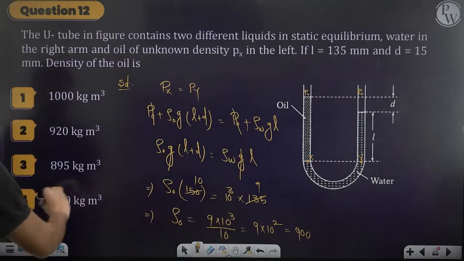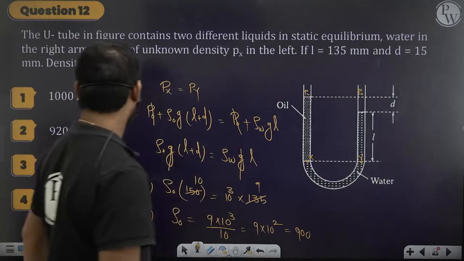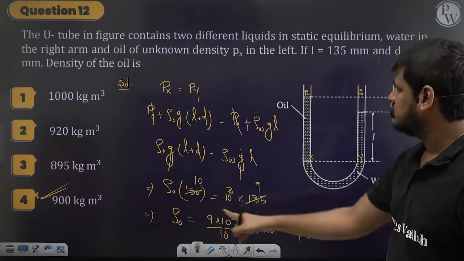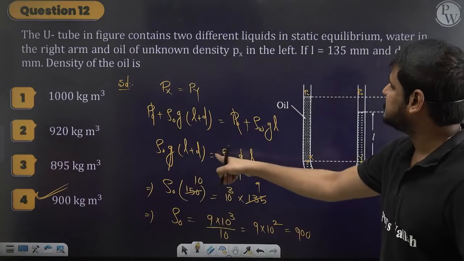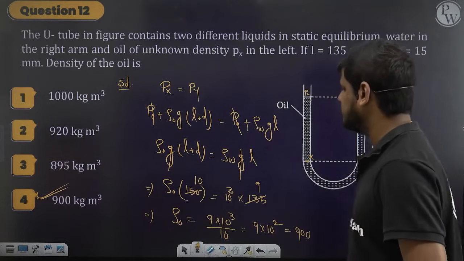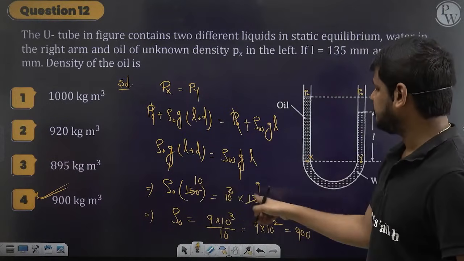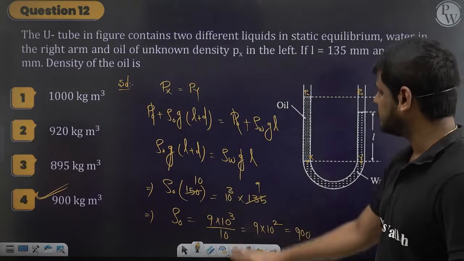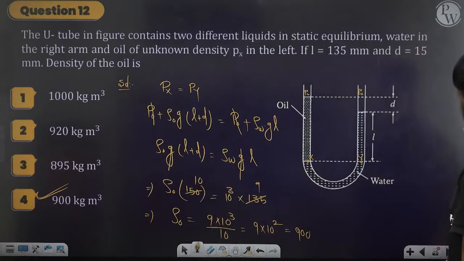So we have got option 4. Clear guys? Understood this part, everyone? So rho of oil into (L plus D) is equal to rho W into the length L, fine.